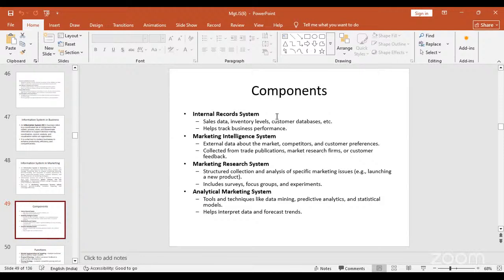Then marketing intelligence system, which provides the market trends, what the market wants, who the competitors in the market are, and what the customer preferences are, which products the customer always wants from your organization. That is the marketing intelligence system that collects from trade publications, market research firms, or customer feedback.